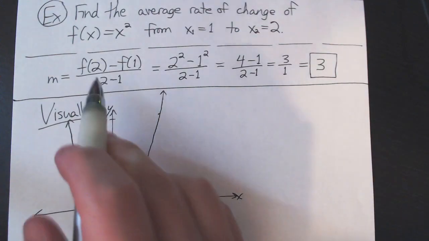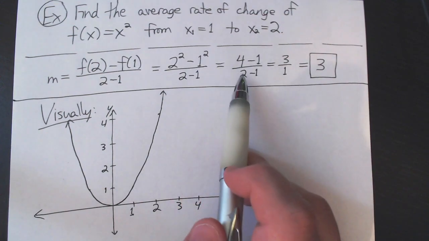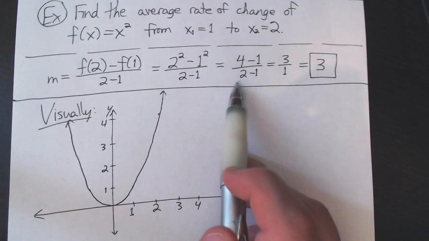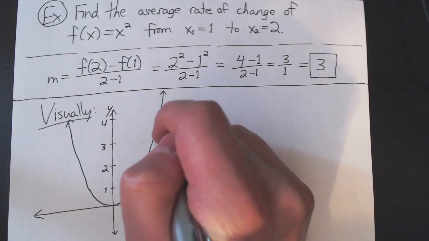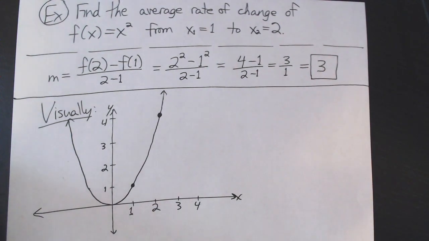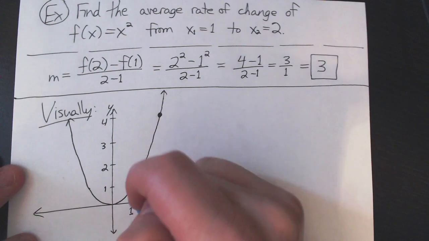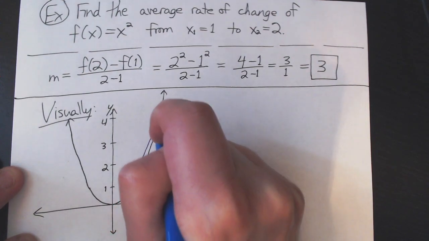Well, look at the numbers that we used. We really used 4, 1. We used 4 and 1 as the y values. We used 2 and 1 as the x values. We basically went from here to here. And we calculated the slope of a straight line between these 2 points.